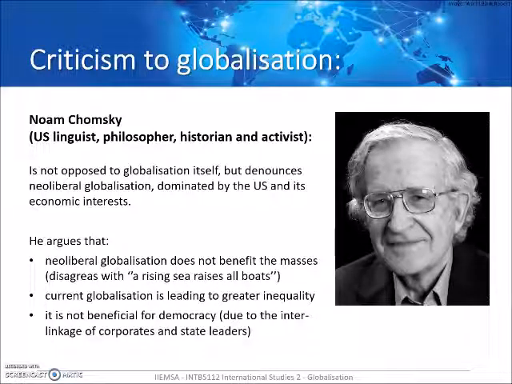In this specific case, he doesn't criticize globalization itself. He criticizes the way globalization is happening nowadays, or the type of globalization that is happening. And we will look at neoliberal globalization next week when we look at economic globalization. So don't worry if you're not fully understanding what it means, because you definitely will by next week.